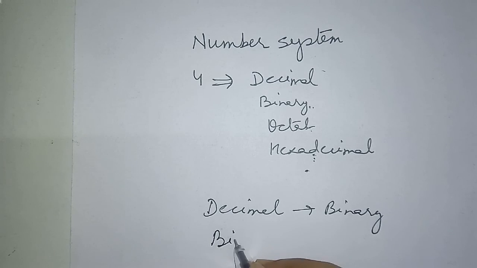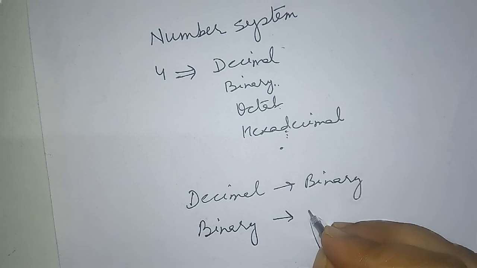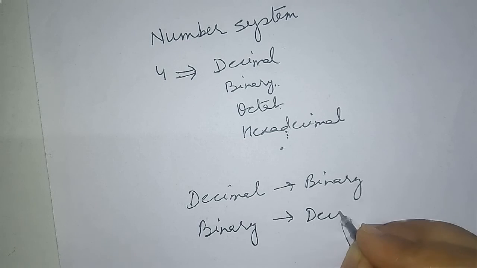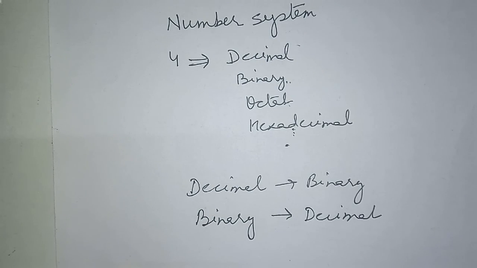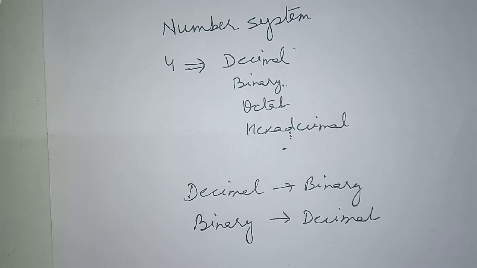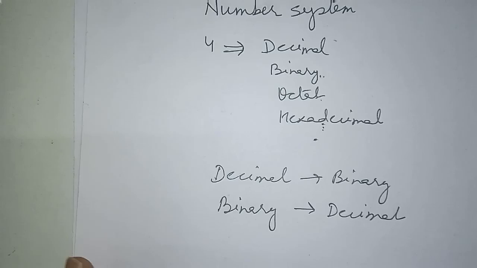To convert decimal into binary, we do the repeated division method, and to convert binary into decimal, we multiply the face value with the positional value and find the sum of the products. In this manner we convert the binary number system into the decimal number system.